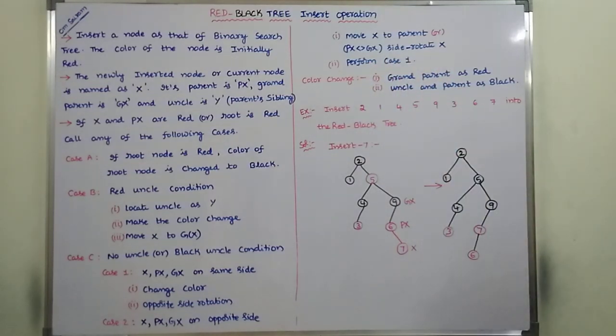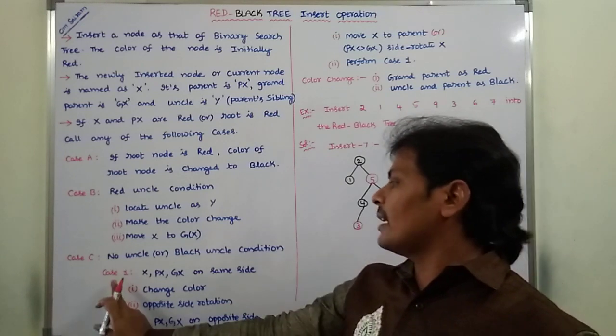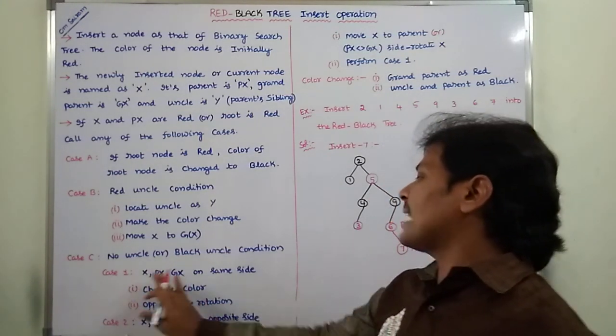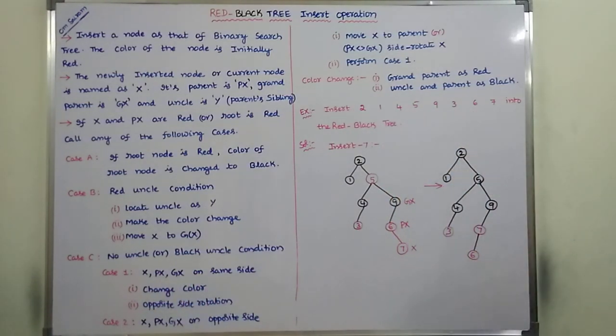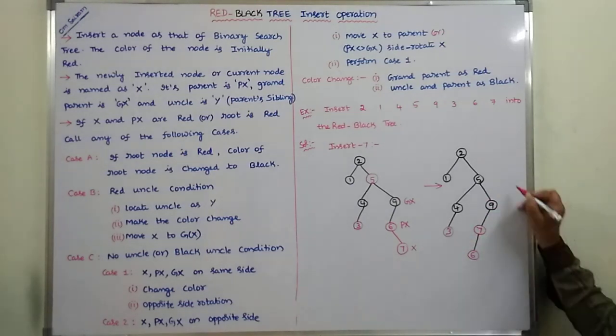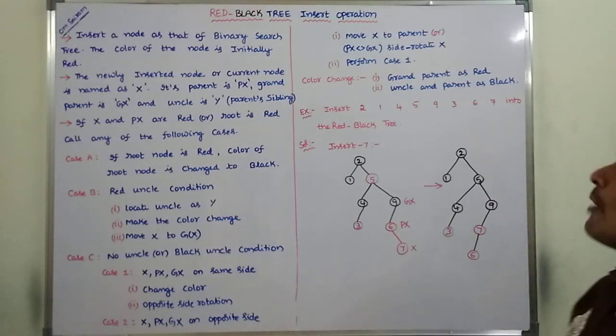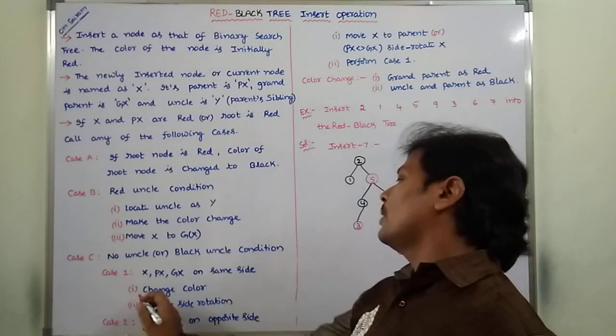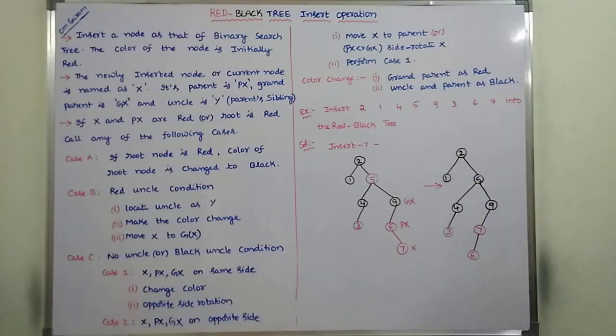So perform case 1. Case 1 is X, Px, Gx are on the same side. Now X, Px, Gx are on the same side. What are the steps we have to follow? Change color. So go to this step: grandparent as red.